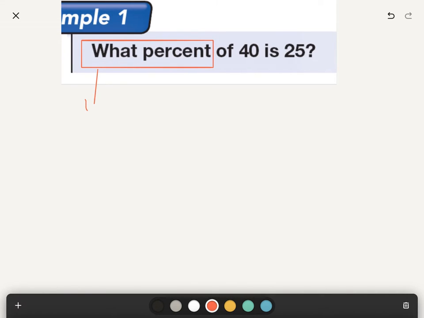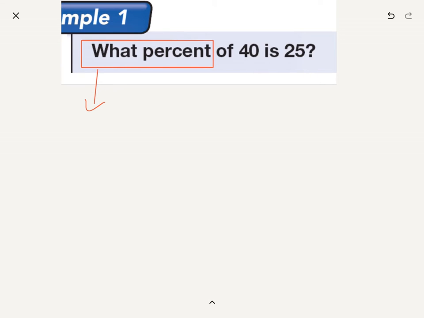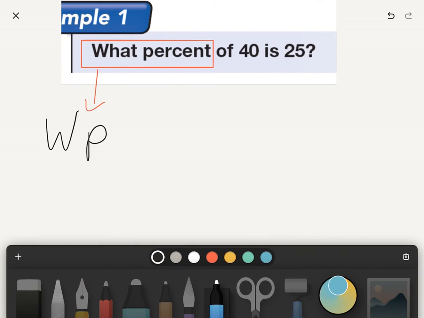Mr. Peck, I feel like there's a part in this problem that's really not needed. For example, when he writes what percent times 40 over 40, I don't think that part is needed because you're anyways going to do 25 over 40. Is it needed? That would be a question for the people that made the math book.